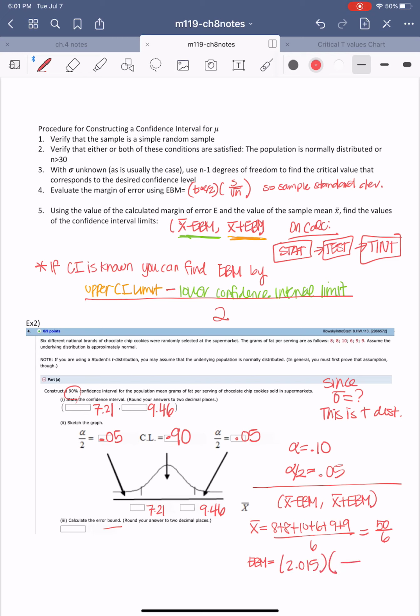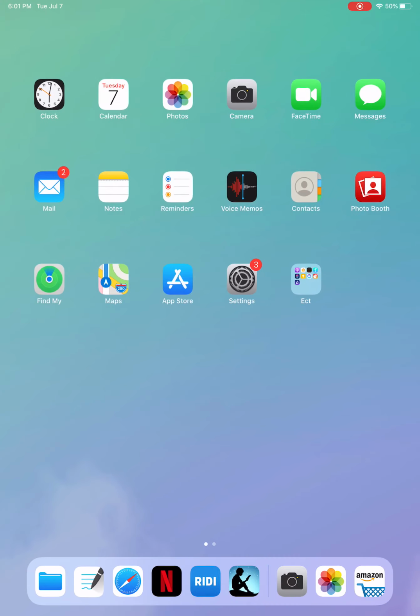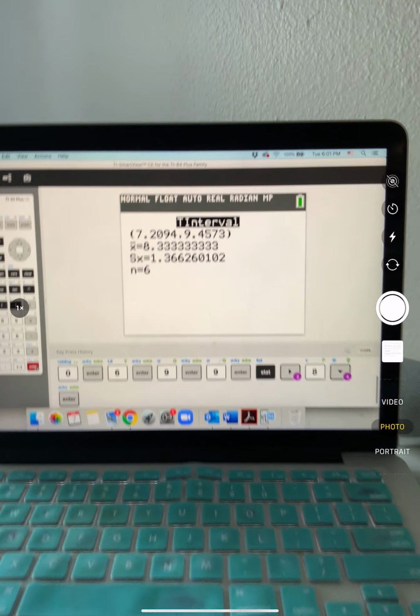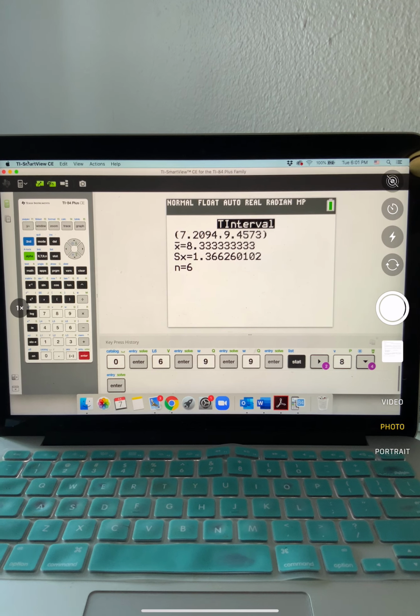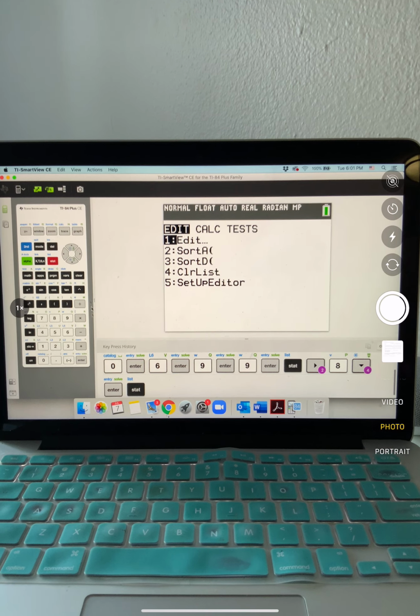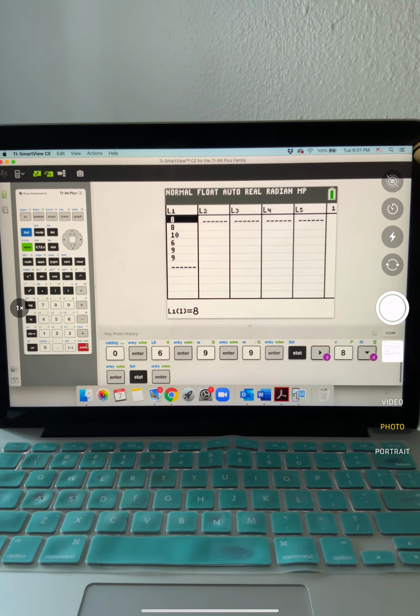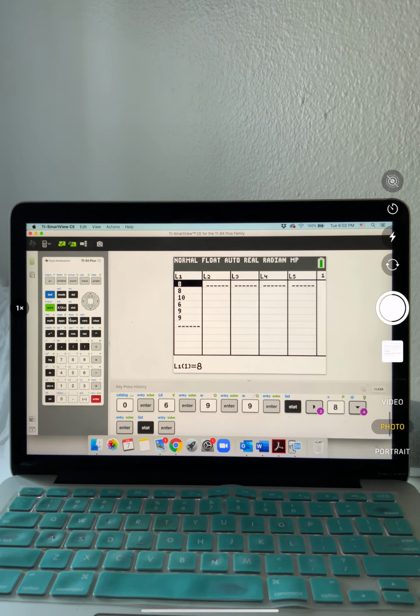S over square root of n, that's square root of 6. S is a sample standard deviation. Sample standard deviation we use, remember, one-var statistics, right? Recall one-var statistics. So I'm gonna do that here. We already entered in L1. Remember, stat, edit, there was a data. So standard deviation is a messy formula.